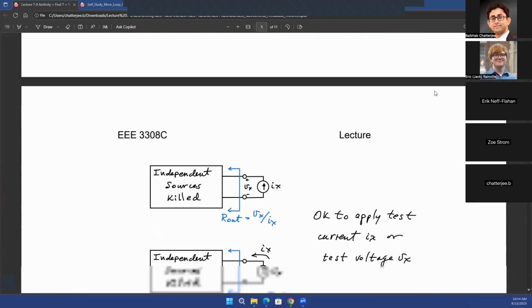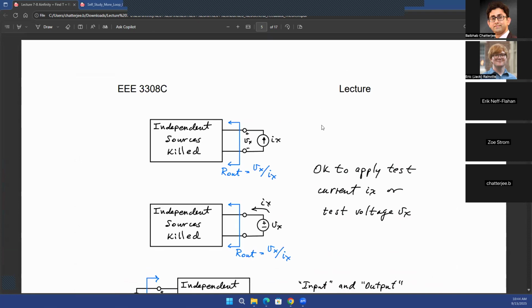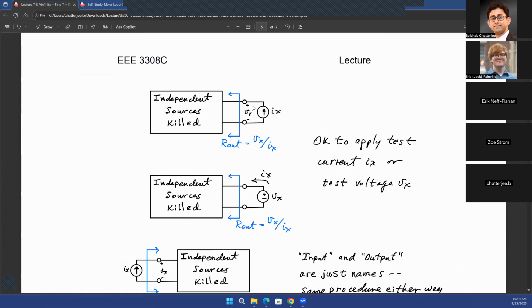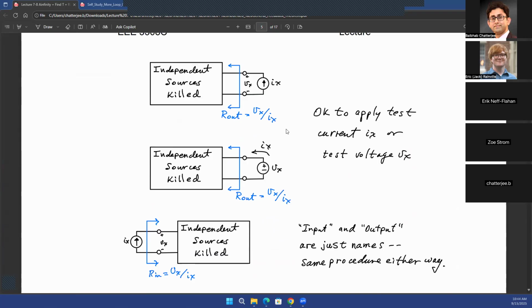But in the last class, we were also looking into how to find input and output resistances. As you know, finding output resistance means finding your Thevenin equivalent resistance at the output port. Finding input resistance means finding the equivalent Thevenin resistance at the input port. For that, the first thing you need to do is kill all the independent sources. That means short all the independent voltage sources and open all the independent current sources.